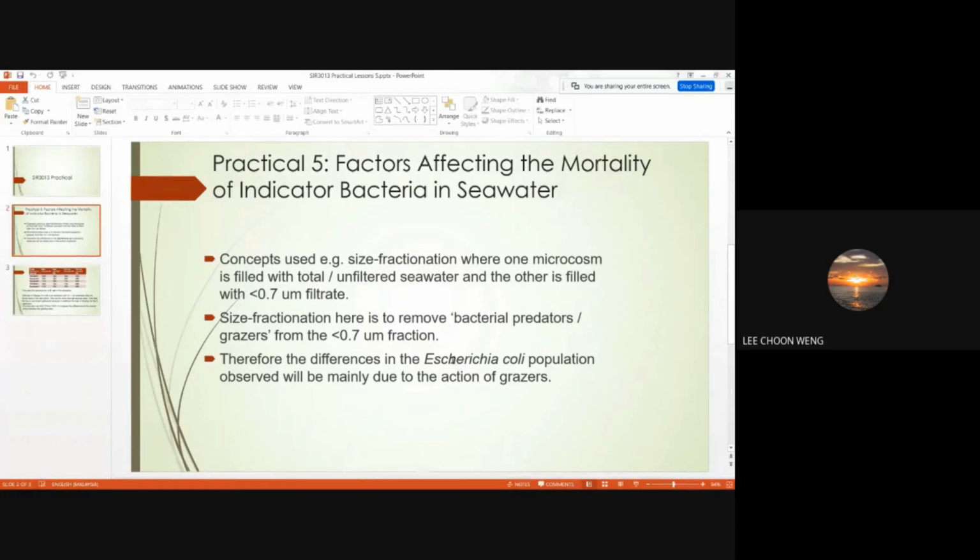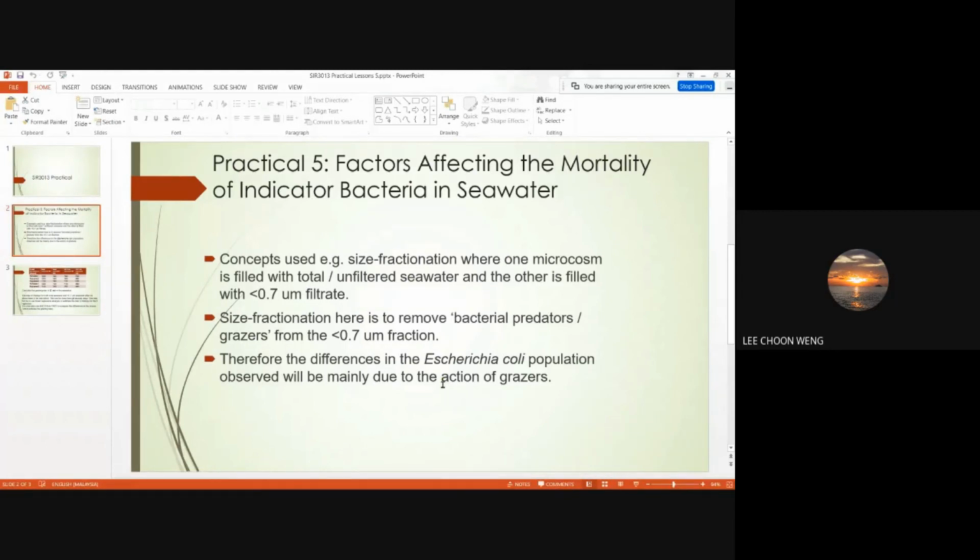Okay. So usually in my lab, because we do not focus on specific bacteria, we will use DAPI. We will use direct count to look at how bacteria change, how bacteria are grazed by the predators in the total fraction versus the filtered fraction, where supposedly there are no grazers.